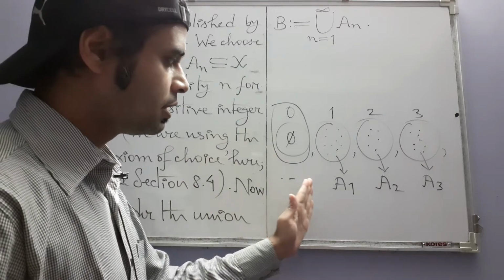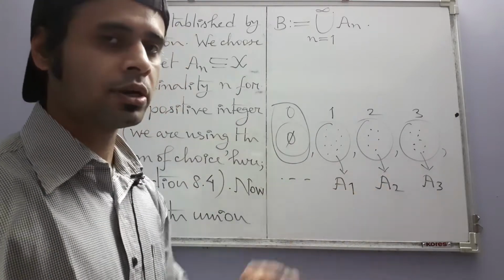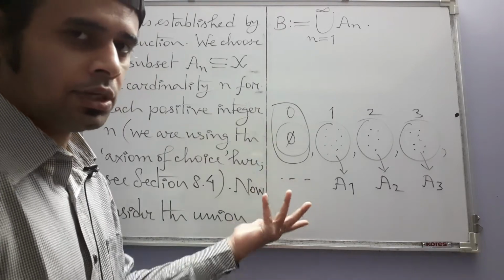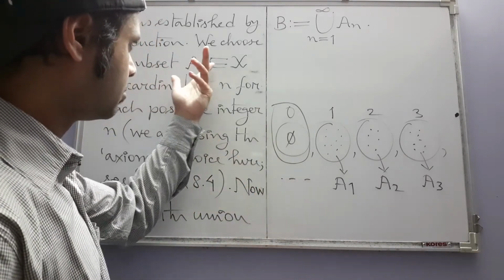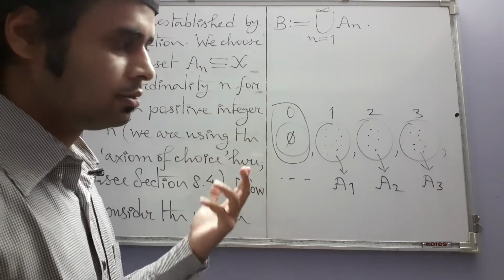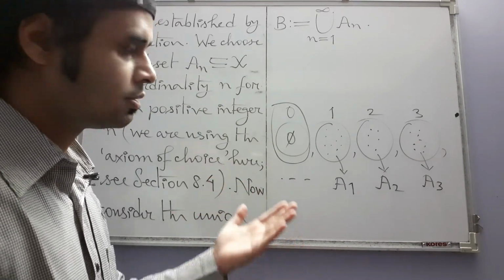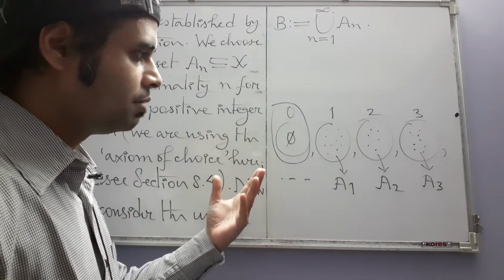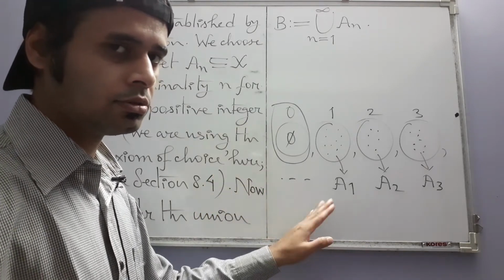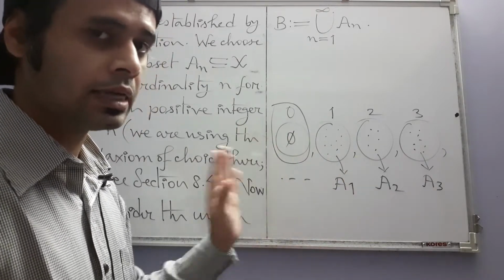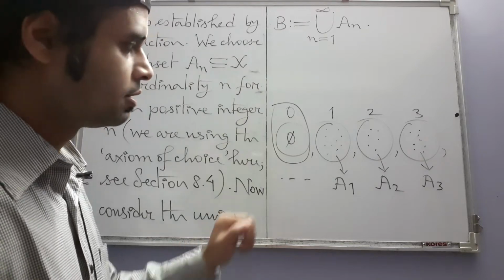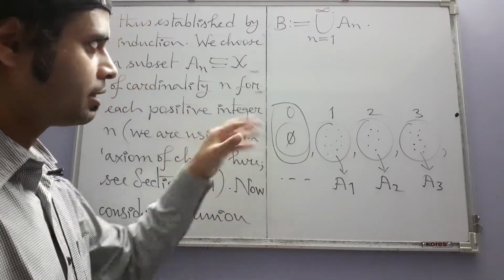However, in some situations it becomes absolutely necessary. Here, however, it does not feel like that. We can of course choose one set for each cardinality, but in some situations where we need to be more specific, there is no other way to make such choices other than using the axiom of choice to make things absolutely rigorous. However, we have done it here, and now we move on.